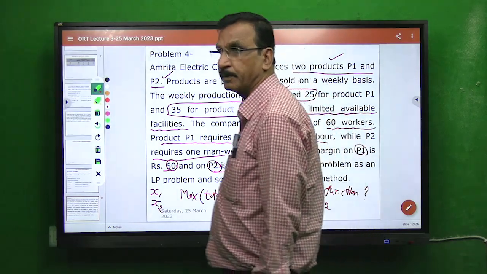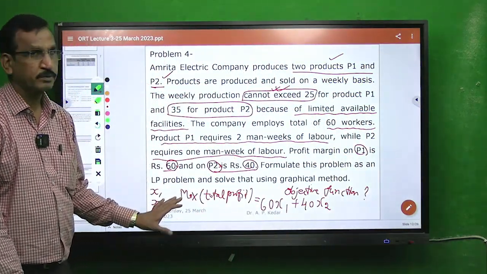So this will be our objective function in this particular case.